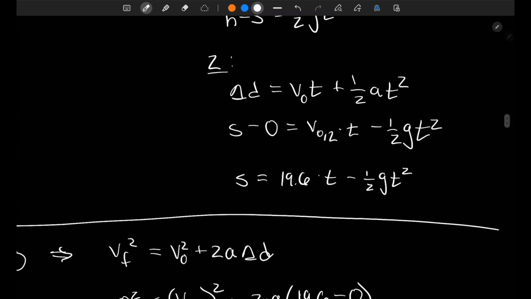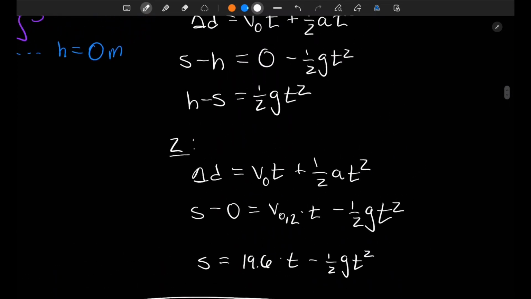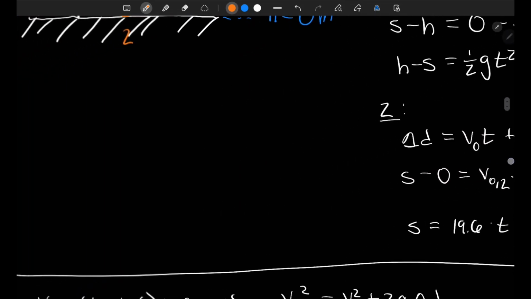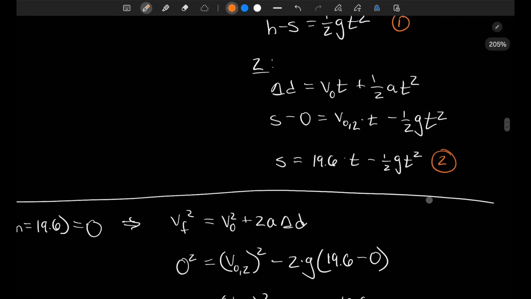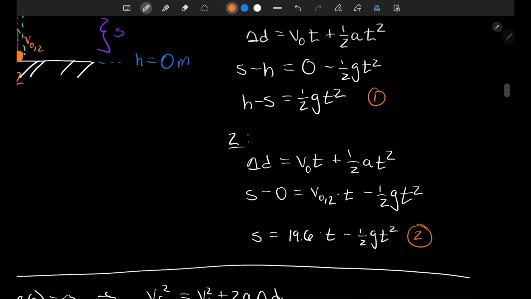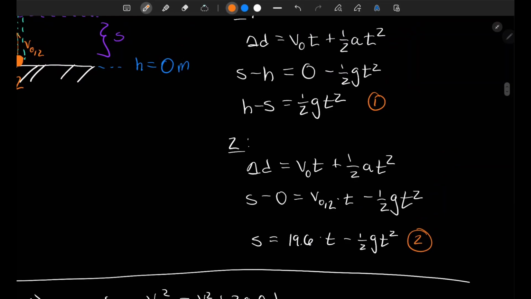Then, if we add equation 1 to equation 2, what do we get? We can write that down below, but let's just see. We can rewrite these two equations.